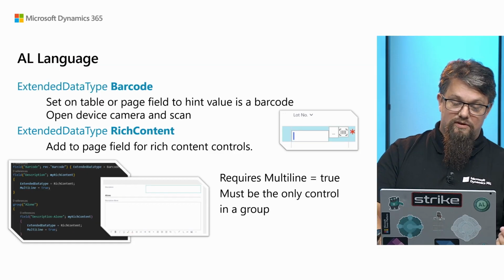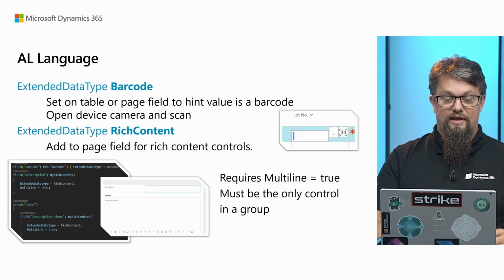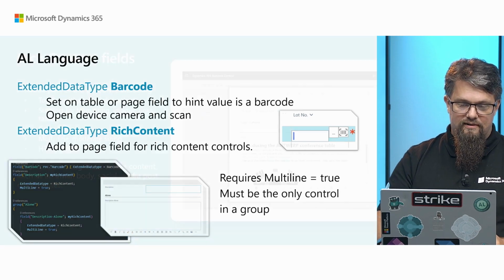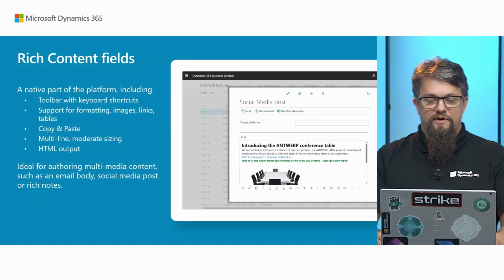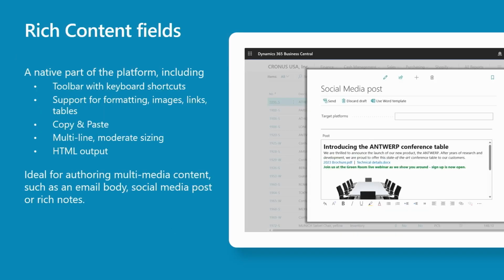It requires multi-line to be set to true, and it must be within a group of its own, or you'll not get the rich content editor. But let's pause a little here. Rich content fields are actually more than just a way of formatting the display of the field. It gives you the capability that you would expect from a rich text editor, like formatting, adding images, links, and so forth, making it ideal for very rich content creation.